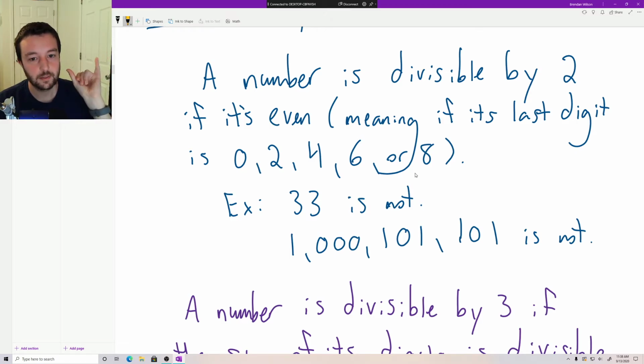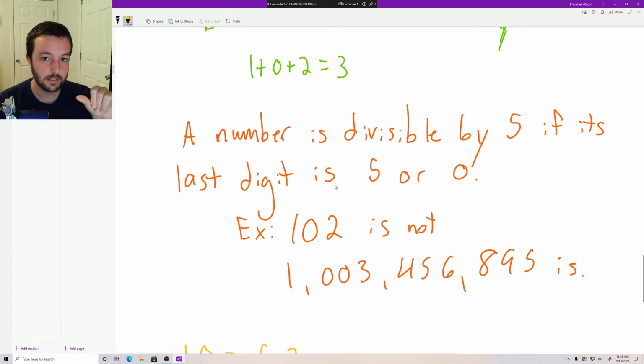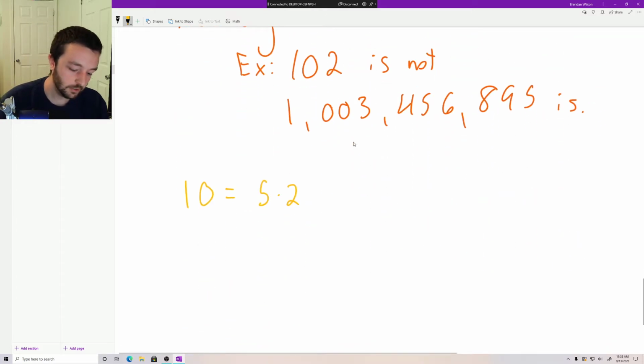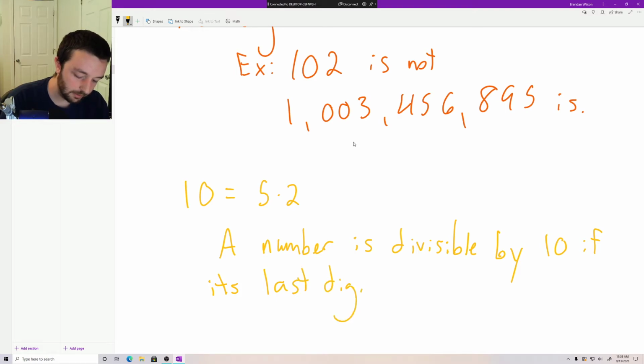If a number ends in 0, it'll be divisible by 2 and it'll be divisible by 5. And that's the only digit it can end in where it's going to be divisible by both of them. So a number is divisible by 10 if its last digit is 0.